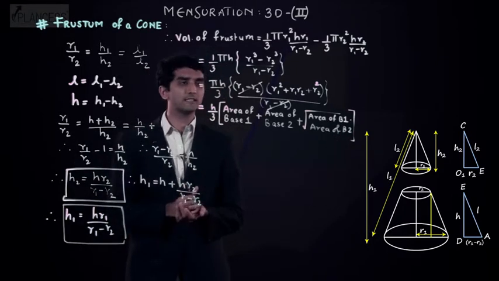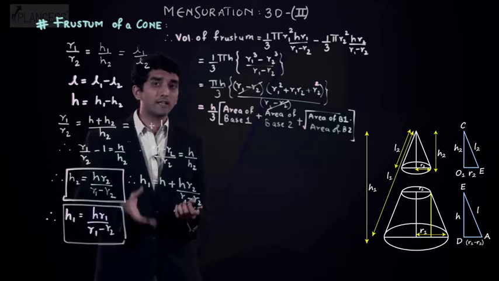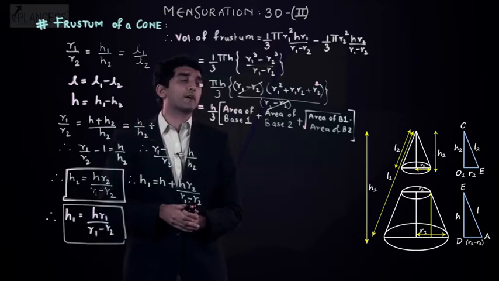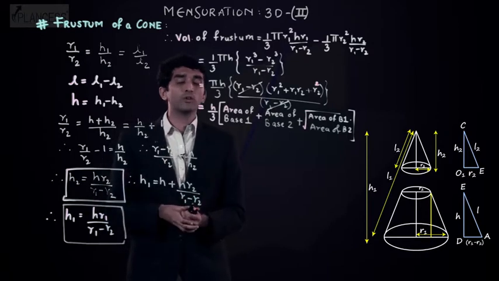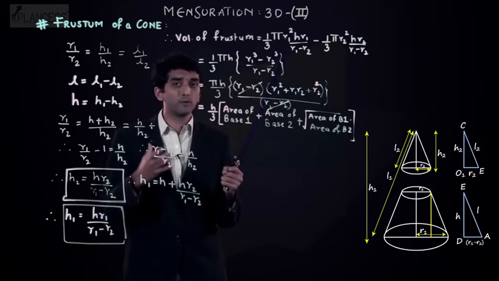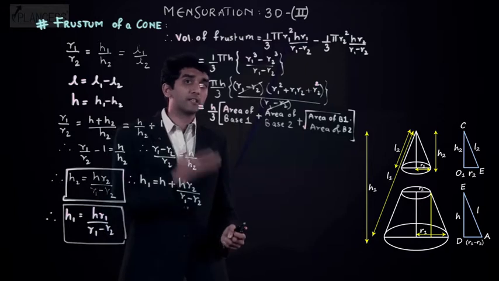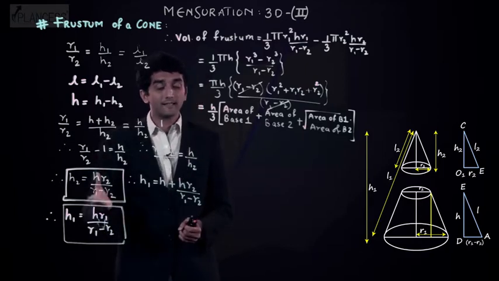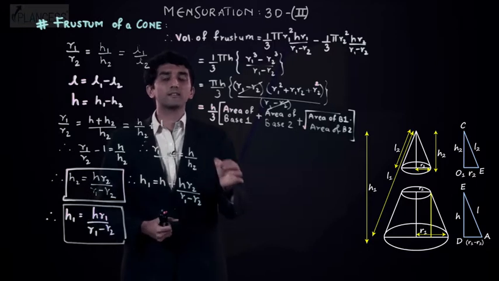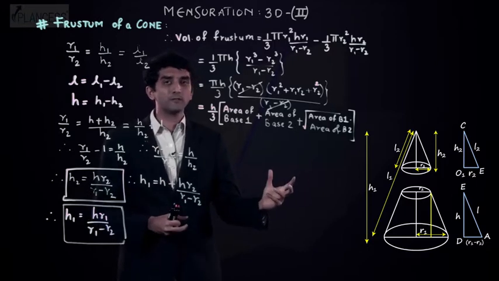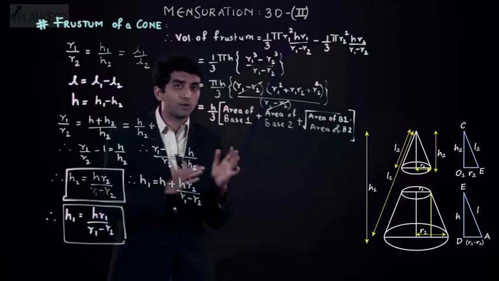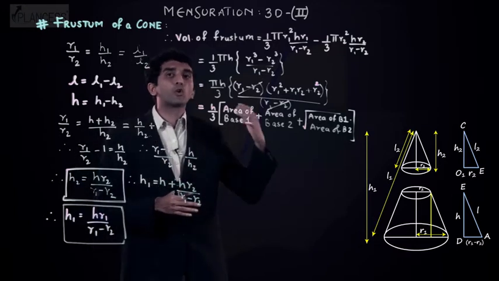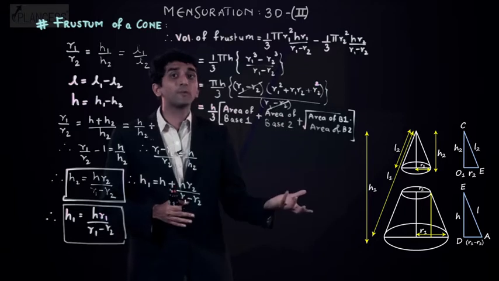Very interesting, isn't it? Definitely might be a bit lengthy, definitely might be a bit confusing here and there, but if you look at it as a whole, there is a lot to understand from this particular derivation. Starting from the similarity of the triangles involved, we found out this. Then understanding what are the things that won't be given to us in the frustum, because H1 and H2 are not a direct part of the frustum, they are a part of the cones that were utilized in forming the frustum.